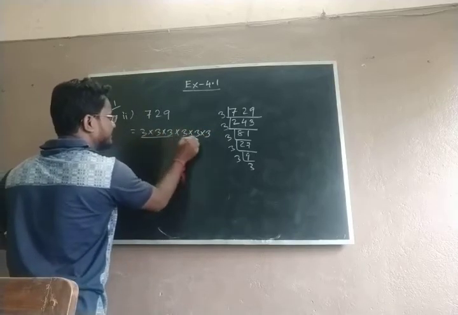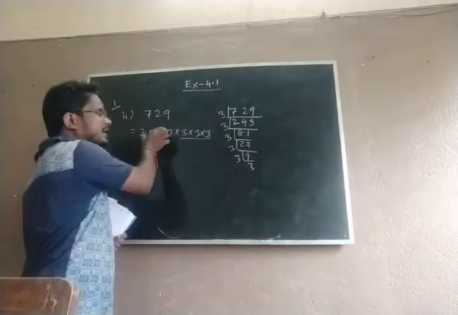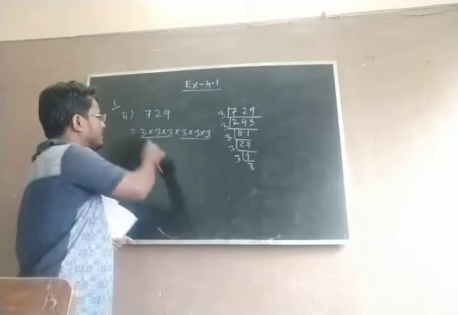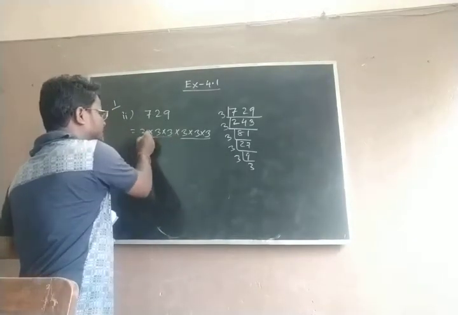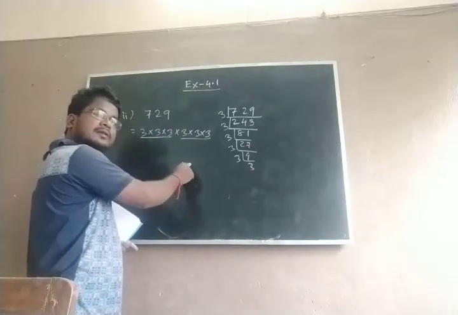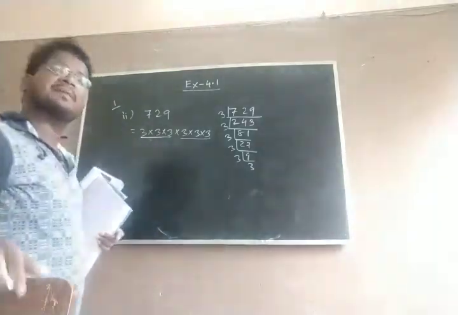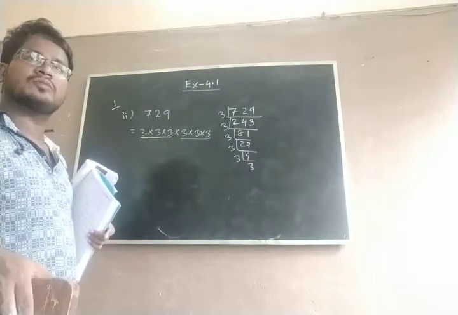Now you can select by taking 3 same numbers as a group. From this, if you find the perfect cube, you can get 3 cube. Therefore, this is a perfect cube.